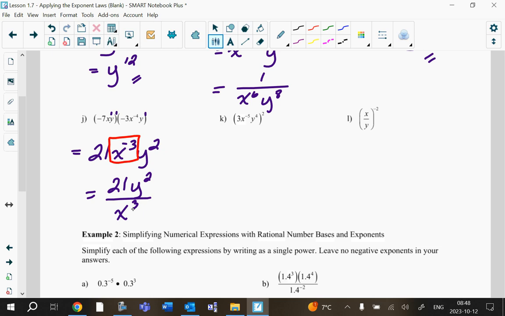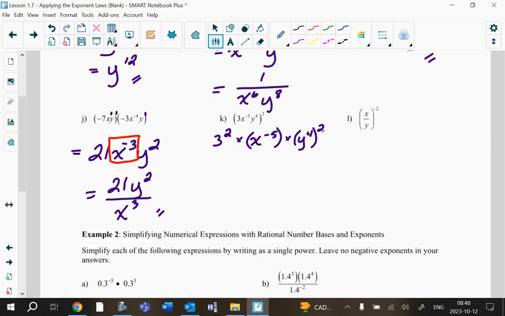This one, remember, this is 3 squared times x to the negative 5th squared times y to the 4th squared. I've got to square everything inside and then multiply them together.